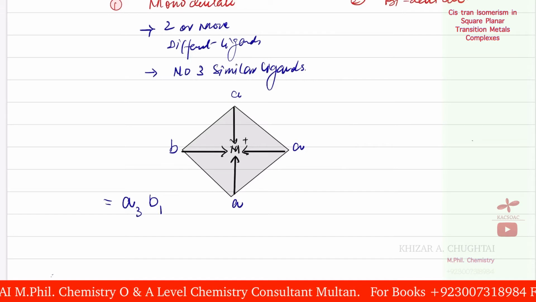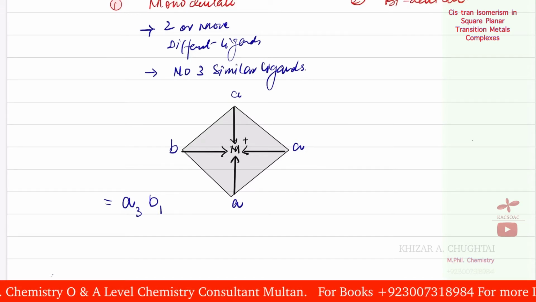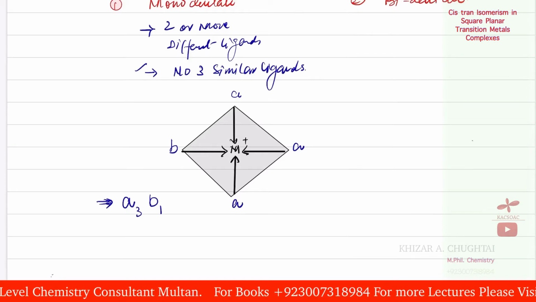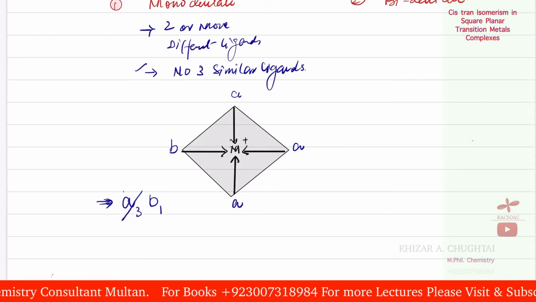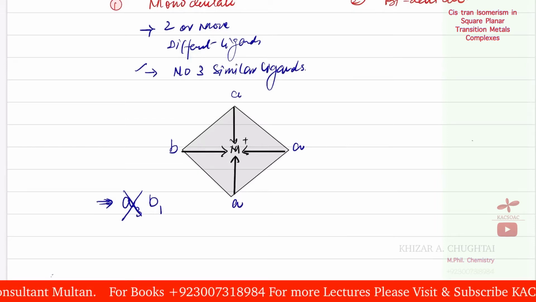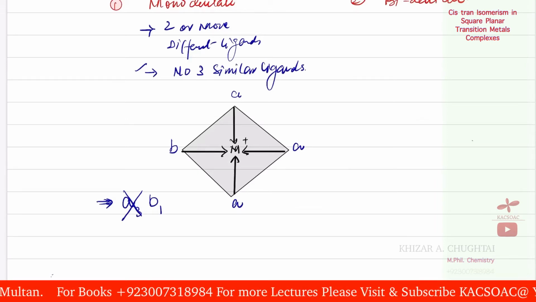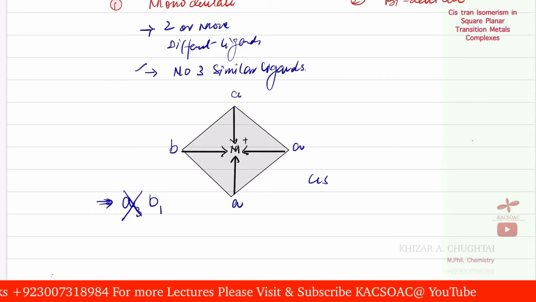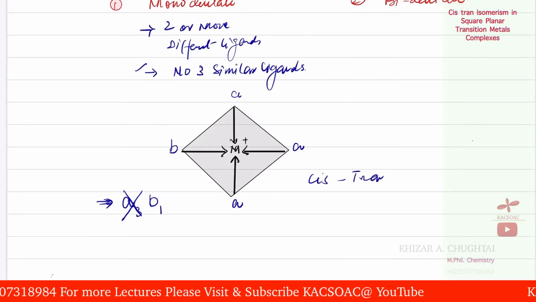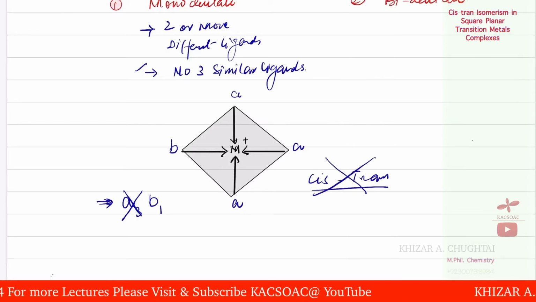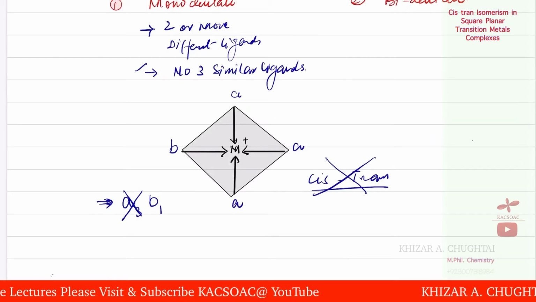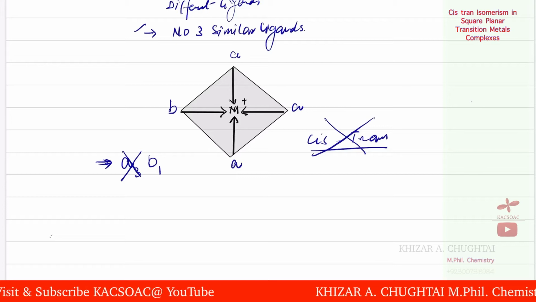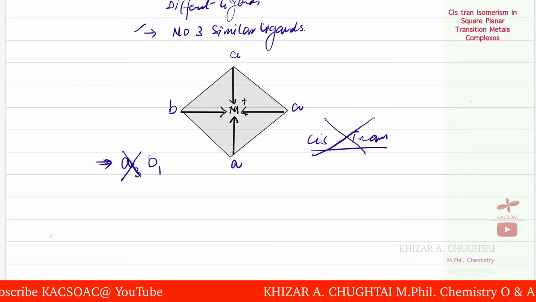There are 2 different ligands, but the second rule, the second postulate, will rule this out. There must not be 3 similar ligands. So complexes having 3 same and 1 different ligand will not show any sort of cis-trans isomerism. So there must be, number 1, at least 2 types, and number 2, no 3 similar ligands.